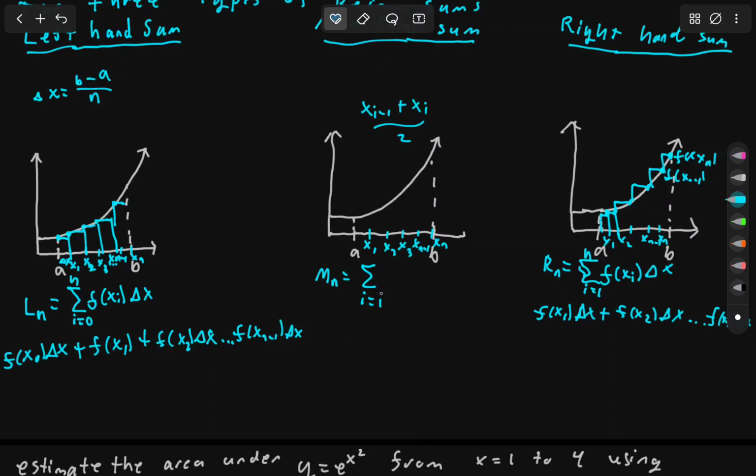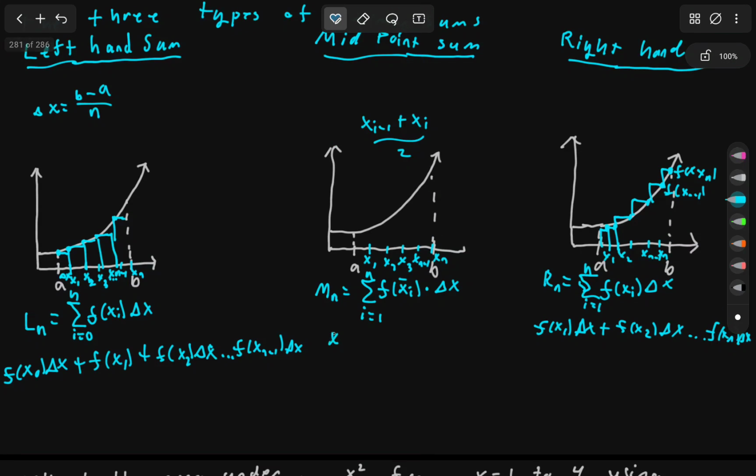from i is equal to 1 to n. And you can see that this has parallels with the right-hand sum, of f of x bar of i times a change in x, where x bar is equal to x of i minus 1 plus x of i, divided by 2.